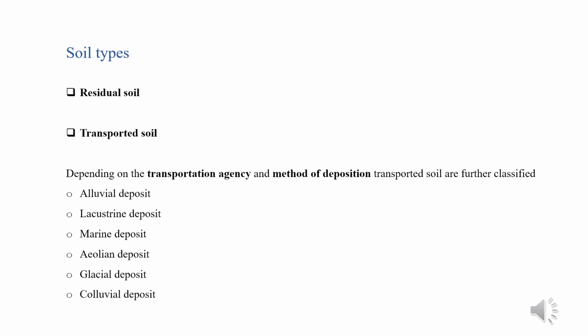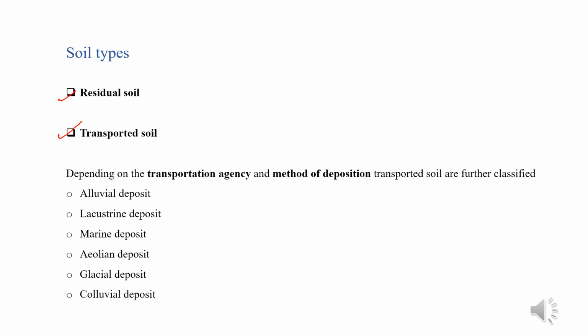Talking about soil, we can also classify or divide them into other groups, like a residual soil or a transported soil. When the products of weathering, the unconsolidated materials and soils, are still located at the places where they originated, that is, they are deposited at places near the parent rock, they are called residual soil.